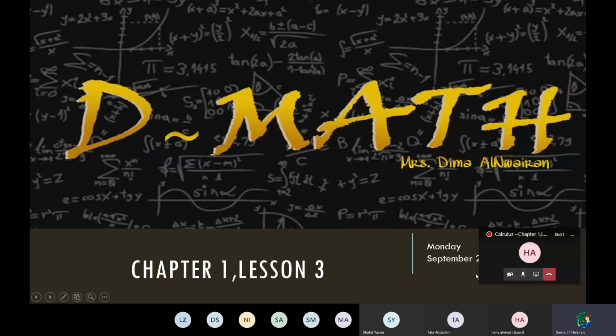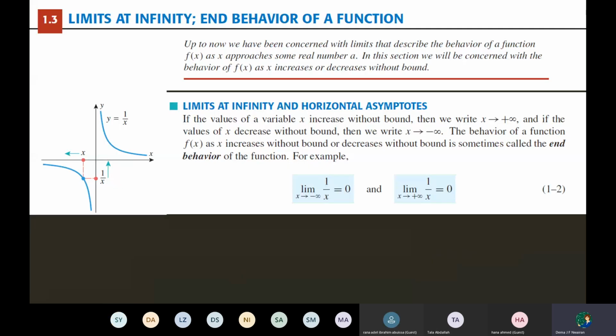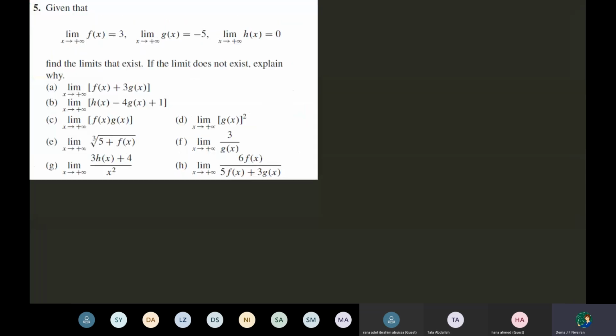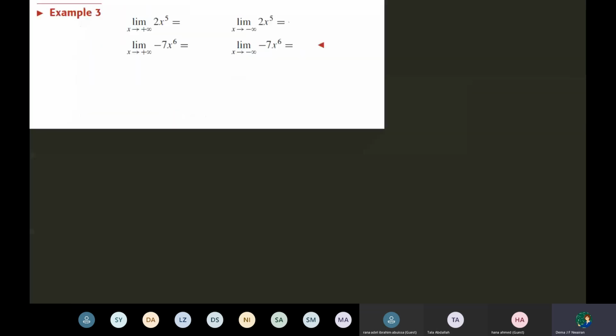Okay, let's start our lesson. Now, here we talked about the limits of infinity, and how we can find the limit if x approaches n, and if it approaches polynomials, not only a binomial or monomial.